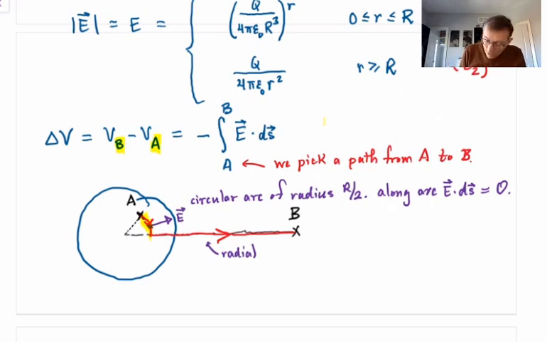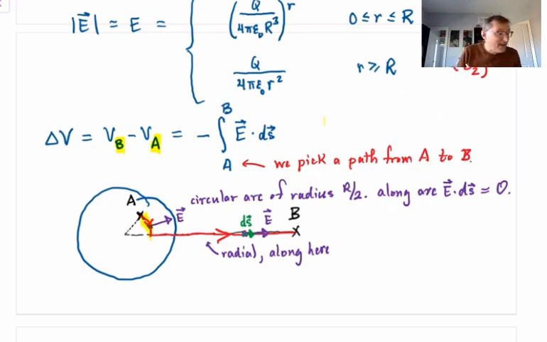Okay? Along here, let's pick a point. How about right there? Then the electric field vector points radially away from the center. So there's the E. And the ds is also radially away, because as I travel out to point B, that's the direction I have to step.